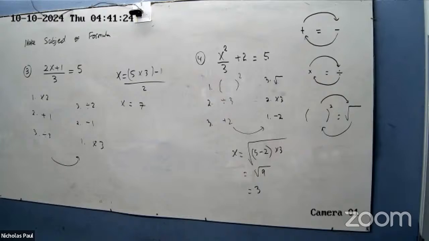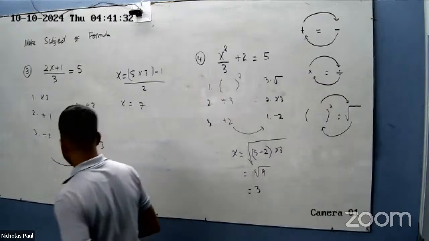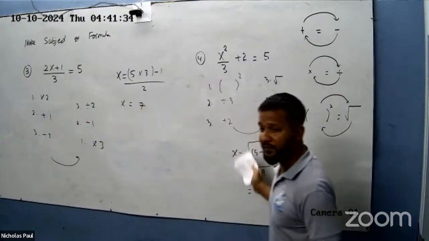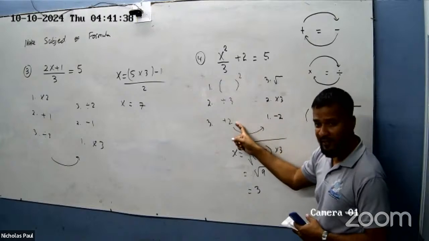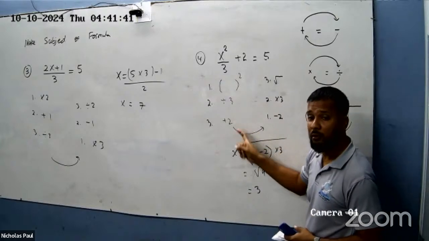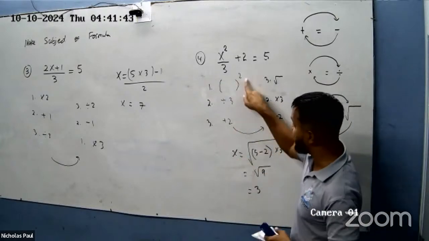All right. I want to change a little bit to all letters. No more numbers. Anybody confused with this? So you're saying you're not seeing how I get this?